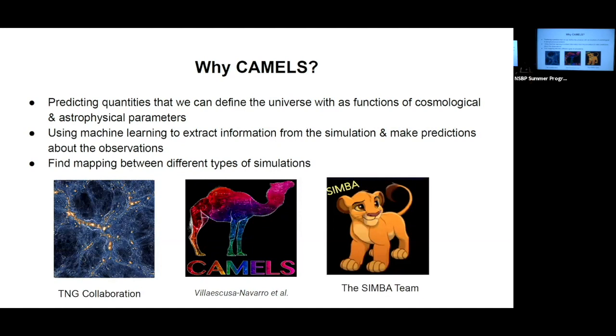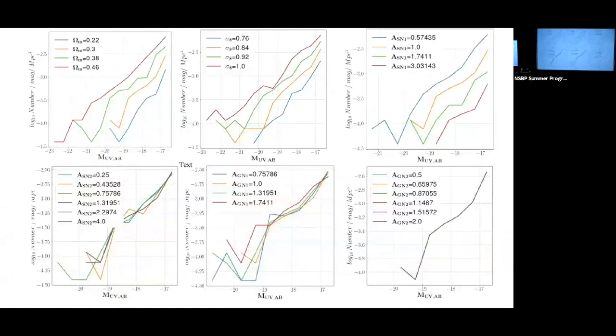CAMELS is cosmology and astrophysics using machine learning simulations. We use machine learning to extract information from the simulations and make predictions before we observe data. There are different types of simulations, as we've seen, the TNG and the SIMBA, so we use CAMELS to find a mapping between different simulations. And the CAMELS simulations has different sets of simulations.